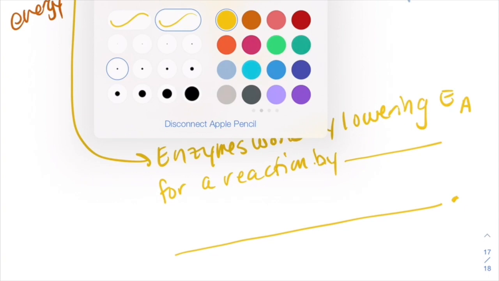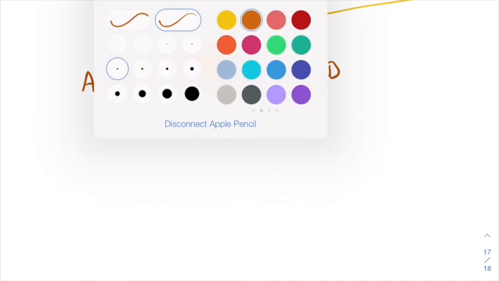So let's go back to orange. Why not? Let's take a look at our, again, generic substance A reacts with substance B to form product C plus D, and enzyme Q is the enzyme for that. Let's do some different colors here.